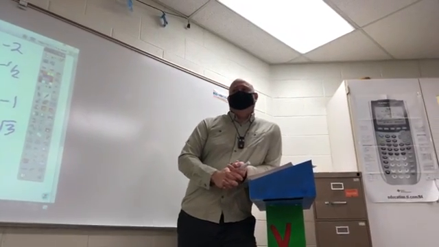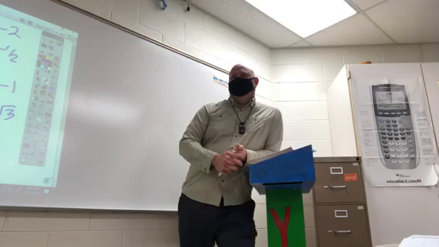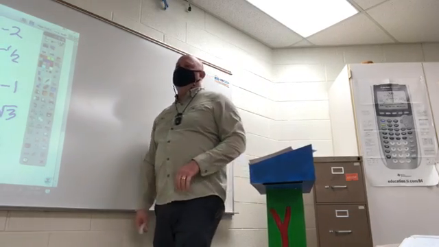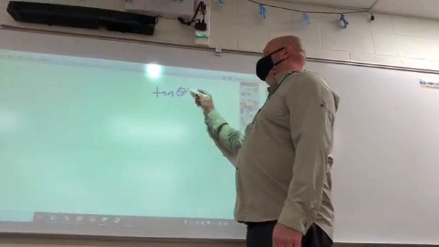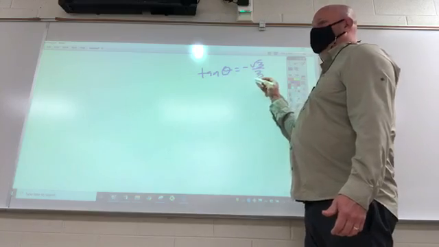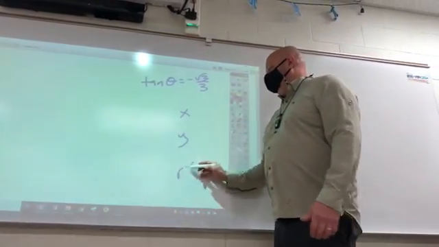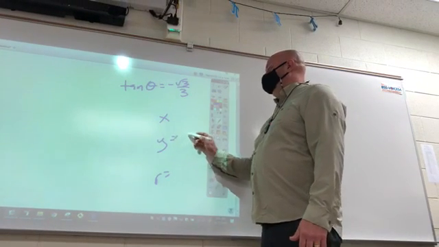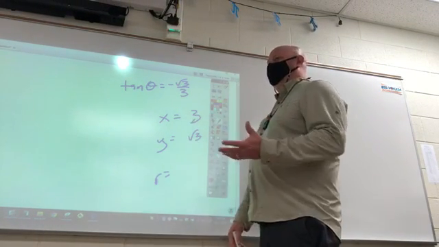So if you have tangent, right? Tangent would be y over x. How would you know which one's negative? Based on the quadrants. So if they said like tangent is equal to negative square root of 3 over 3, right? X, Y, R. Well, I know the y is going to be square root of 3, and I know the x is going to be 3, but I don't know which one.